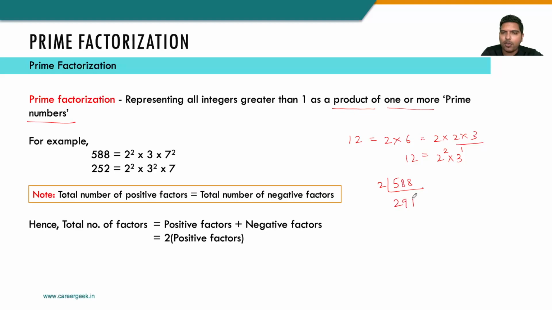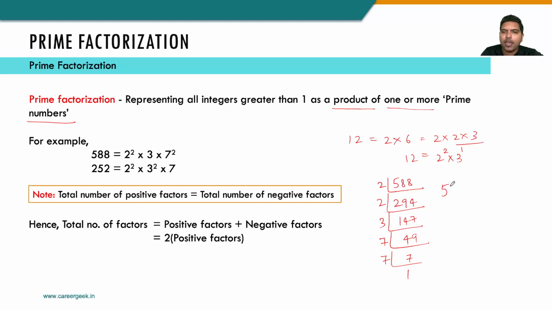So you get 294 over here and then 2, I'll get 147. Now I'll do 3. 3 I know is divisible, 147. So we'll have to do a bit of trial and error over here. So most of us know that 49 is 7 square. So you've got to prime factorize till you get to 1.